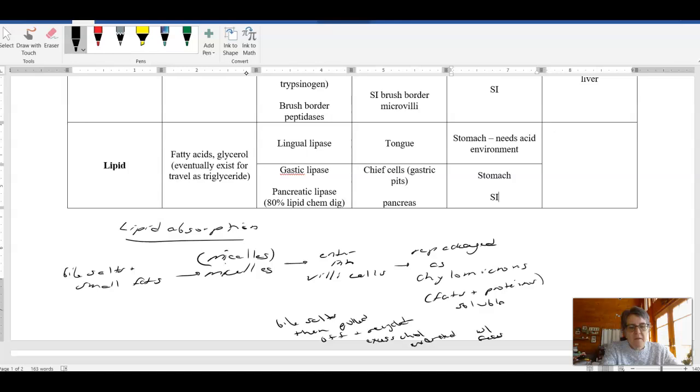All right, so this is kind of a little bit aside of the story of bile. So these chylomicrons then will leave the villi cell and they will enter into the lymphatic lacteal.